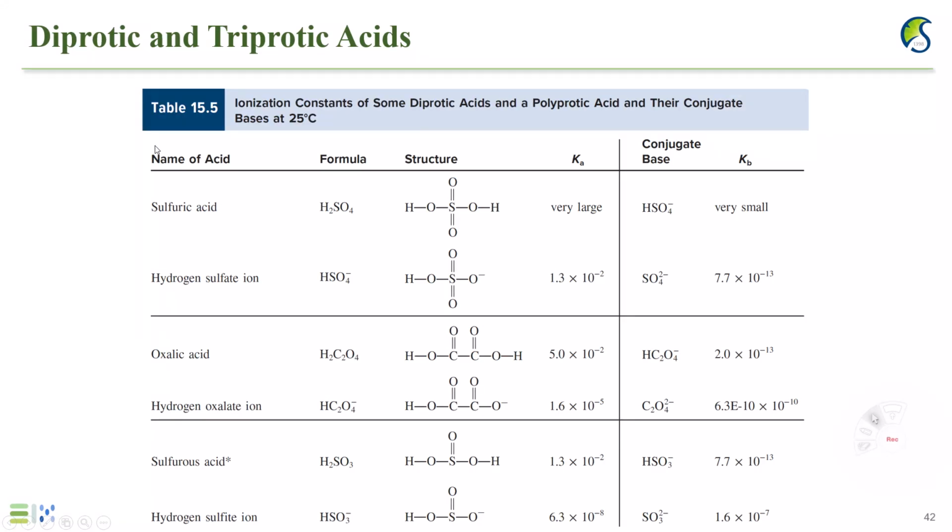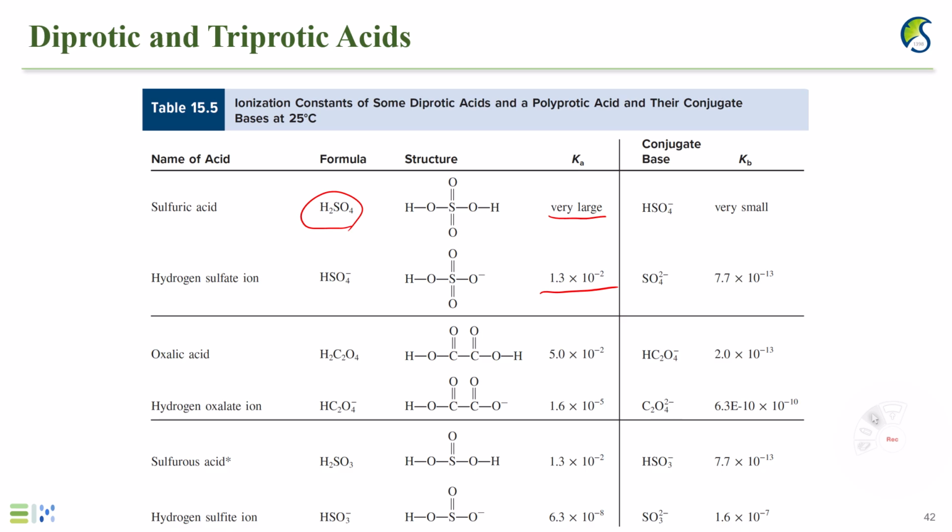So these are actual examples of diprotic or triprotic acids. What you can see is that the size of Ka is always higher for the earlier step. For example, for H2SO4, the Ka for the first deprotonation reaction is very large, but for the second deprotonation reaction it is this.